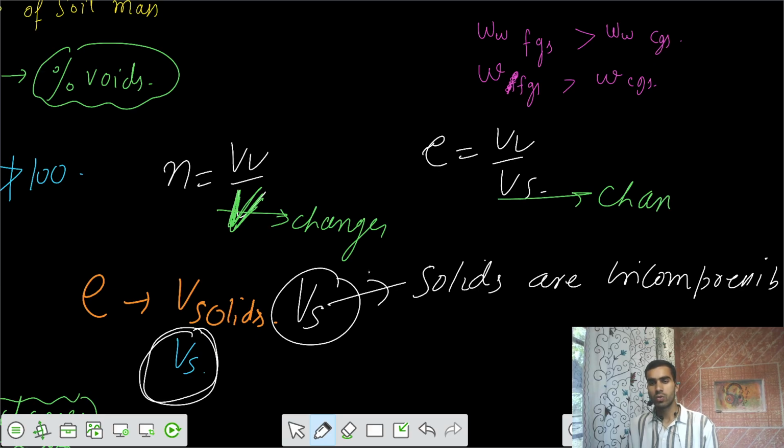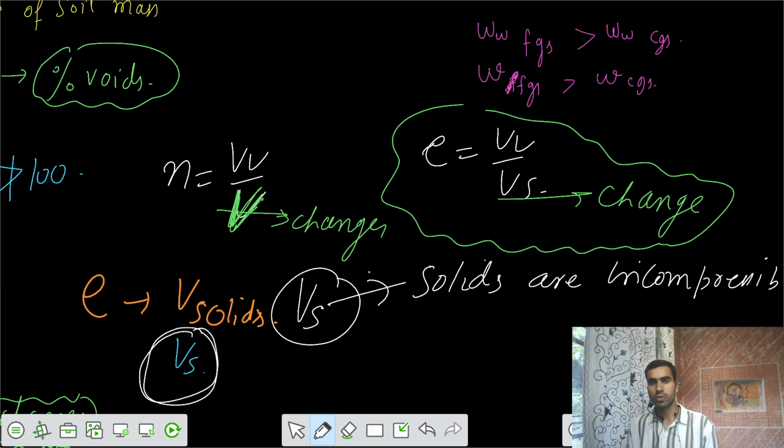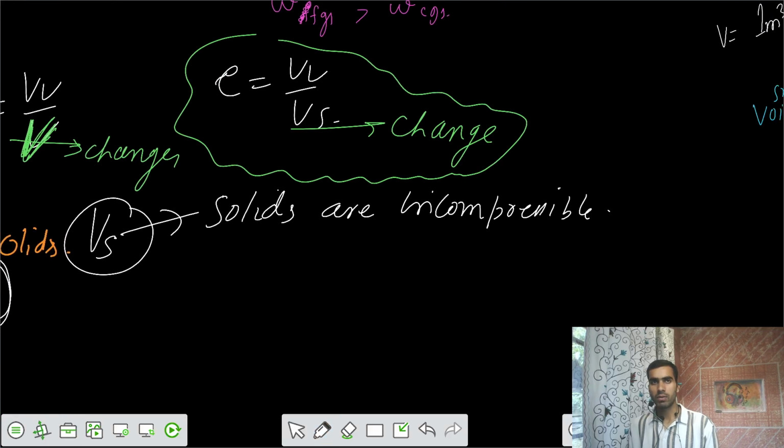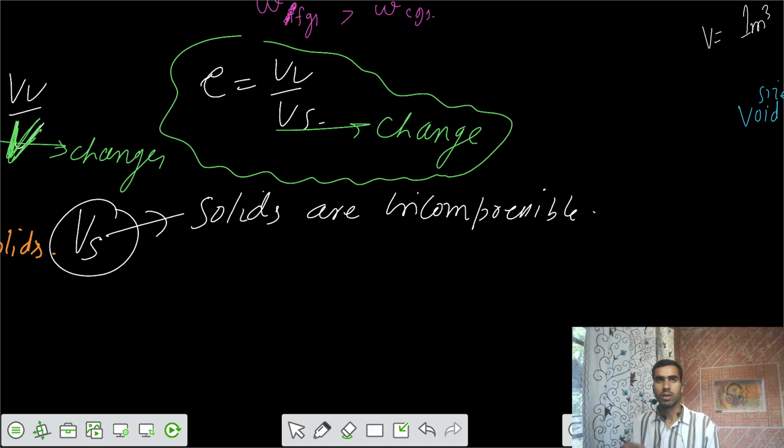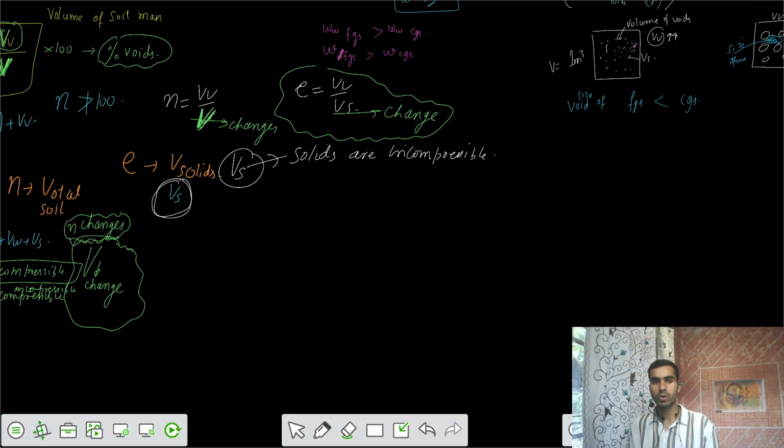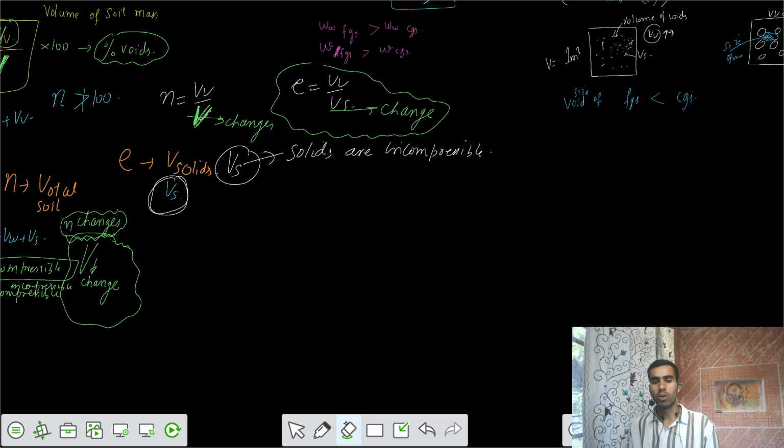So the better option is to prefer void ratio for the parameters we will calculate later, because it accounts for the volume of solids only, so it does not change with time.